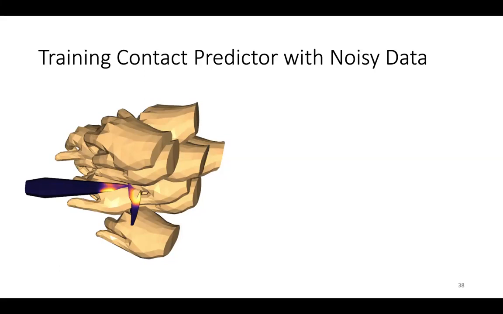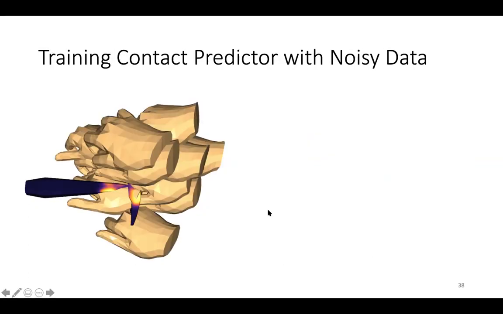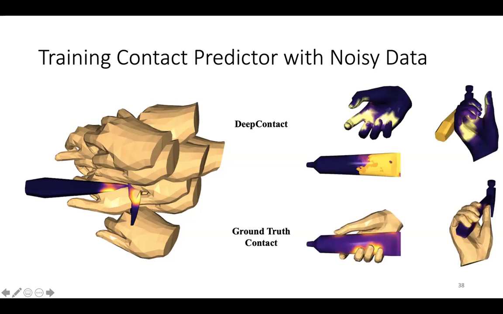So we use that to train this DeepContact algorithm for predicting contact. Here are some results from that algorithm. You can see that the results are not as crisp as the actual ground truth that you get from the thermal camera, but they're more than enough to actually allow us to do the later optimization.